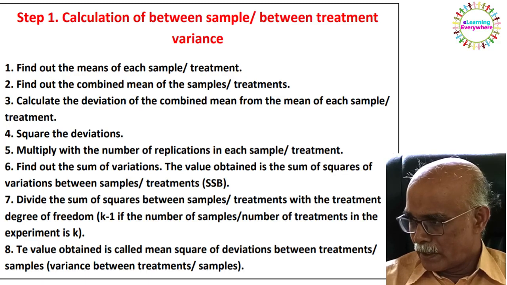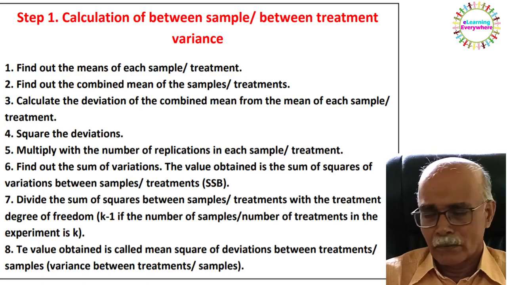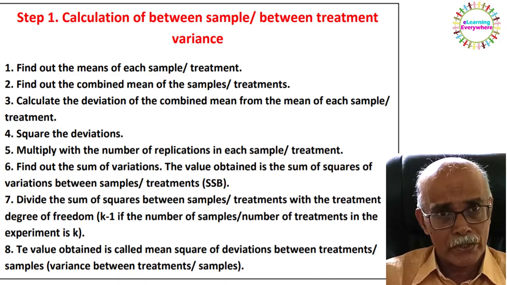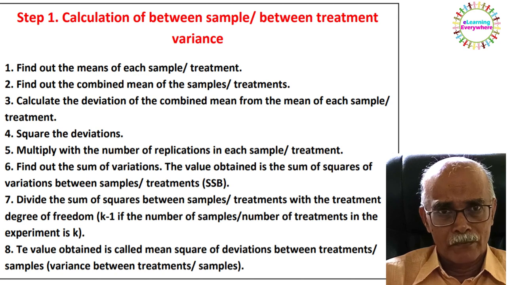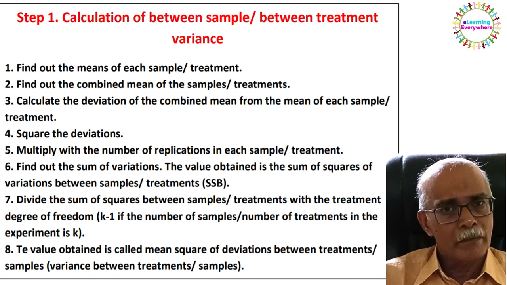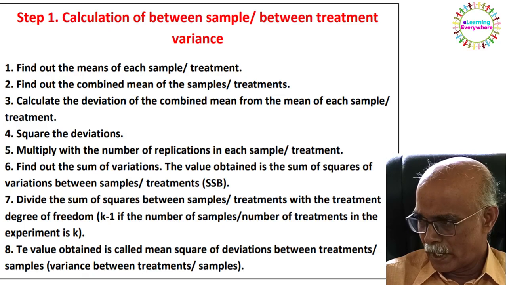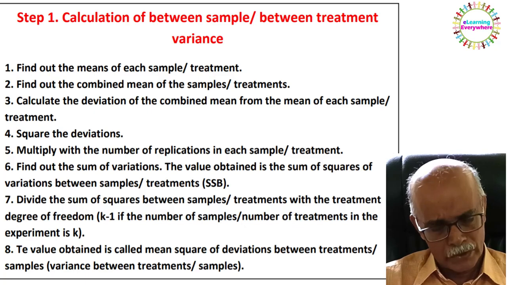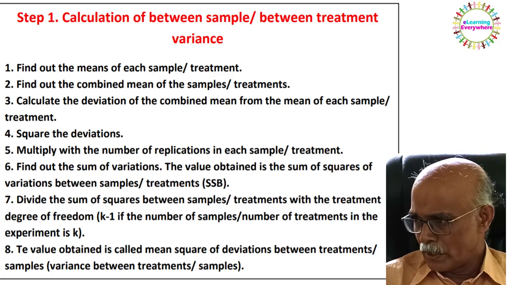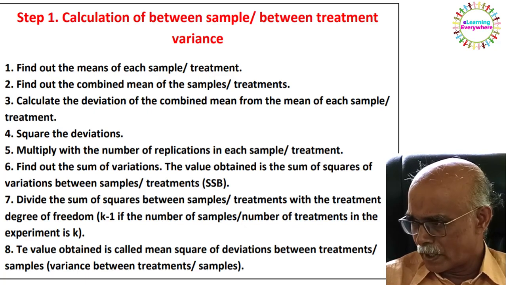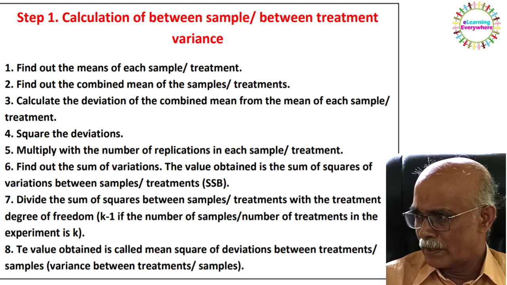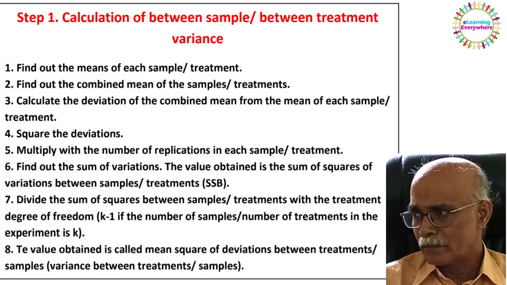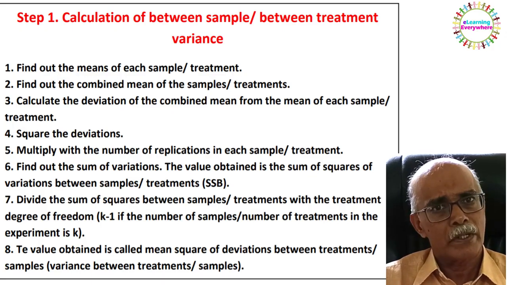From the sum of squares, if you find the mean, you get the mean square values, and the mean square of deviations stands for variance. So now you have calculated the variance between treatments, or variance between samples.